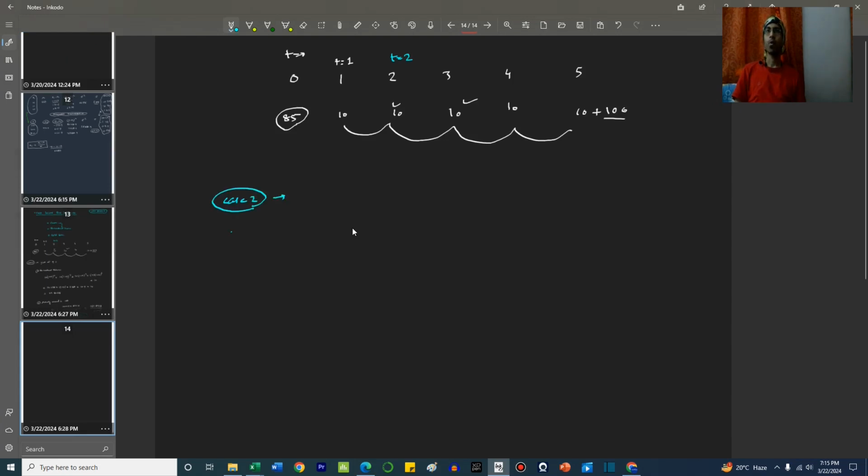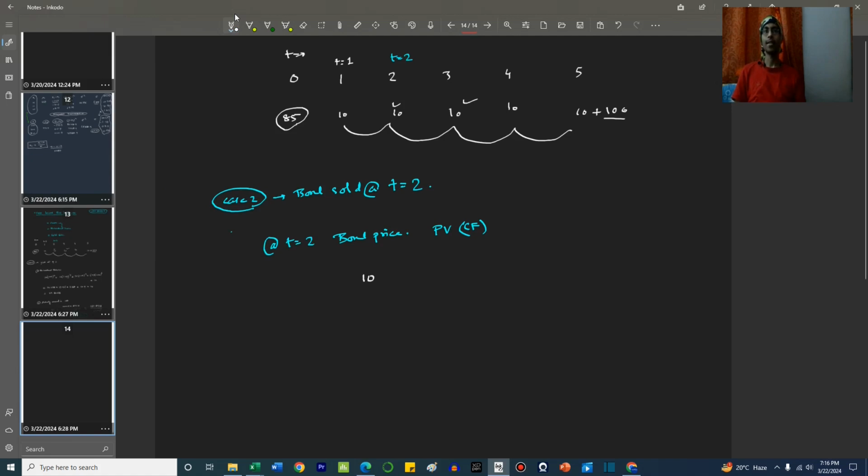Case 2 is a case where the bond is sold at t equal to 2. Now what is the price at t equal to 2? Let's first understand that. The bond price is the present value of the future cash flows. So what are the cash flows? Let's calculate, guys. At t equal to 3 there is a cash flow of 10.